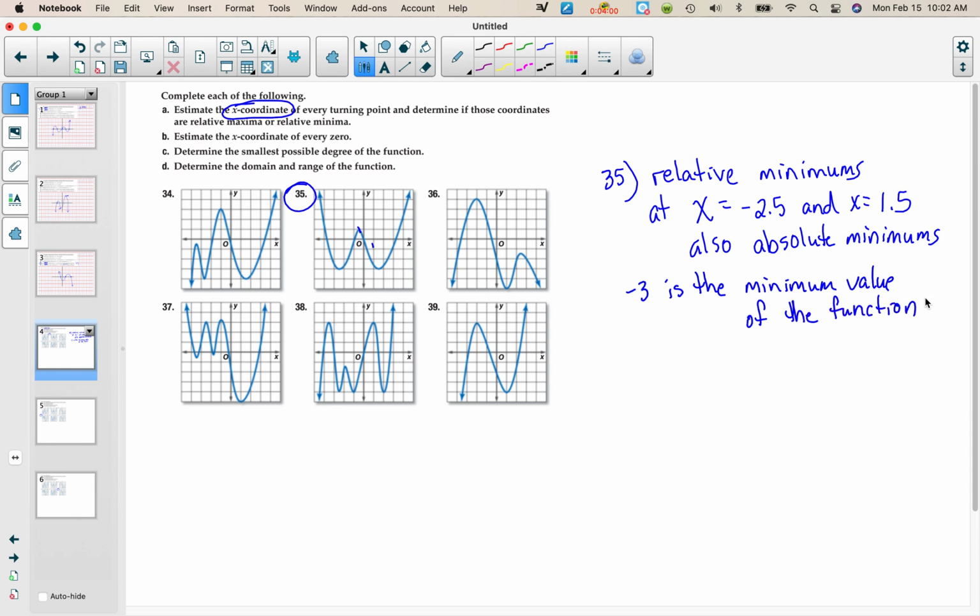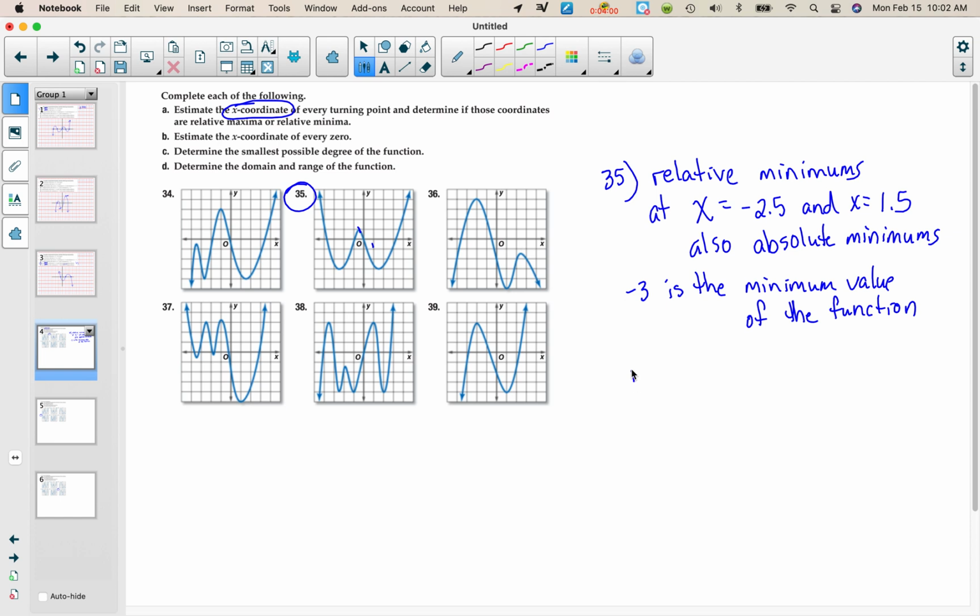Now, that's not what they're asking you, so you don't necessarily have to state that, although we're going to use that in the domain and range. So, just be aware of the difference between how you might be asked about the minimum and maximum. If you're asked the minimum value of the function, it's the y value. But here, because of the directions, we'll follow that.